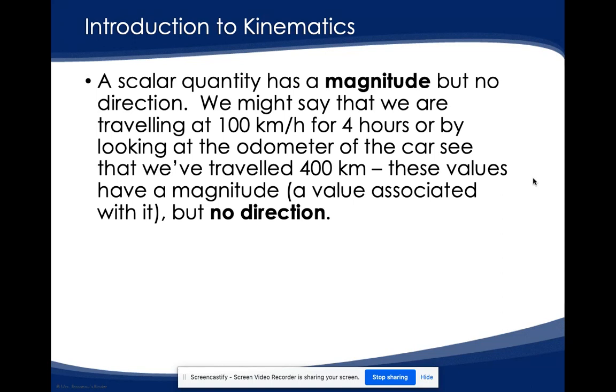So a scalar quantity has a magnitude, which means it has a value, but no direction. This example says that you're going 100 kilometers per hour for 4 hours. It gives you information, but it doesn't tell you where you went. I could drive 100 miles tonight and end up in a variety of places because I didn't tell you where I was going.